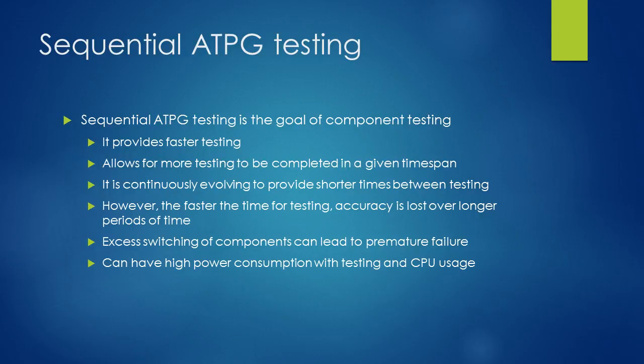When it comes to sequential testing, there can also be excess switching, which can lead to premature failure of not only the chip in question, but also overheating of the socket in question in a post-manufacturing process. There are certain types of testing used for post-manufacturing testing where this can be an issue, and that can also be remedied, which is talked about in my paper, with lower power consumption and lower switching testing using sequential and broadside loading testing.